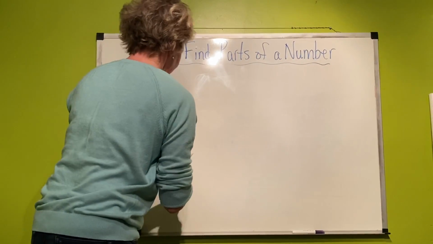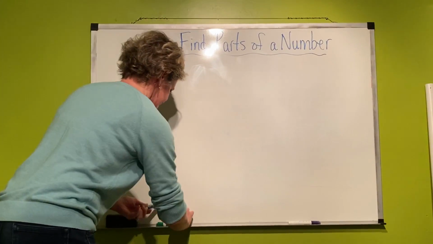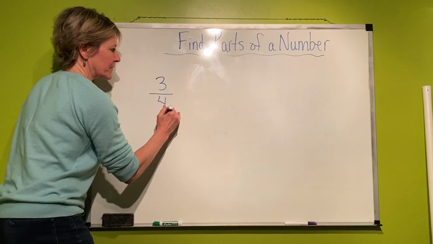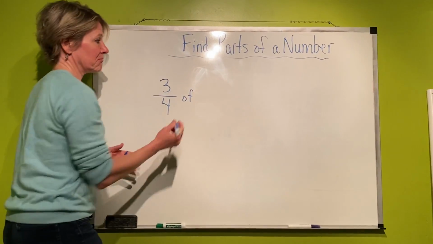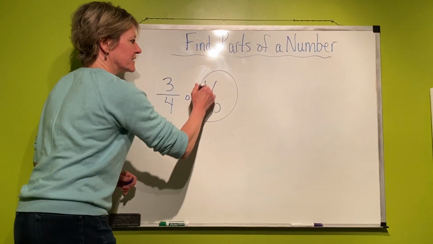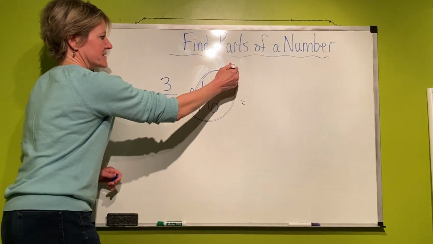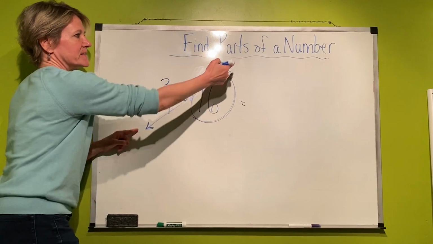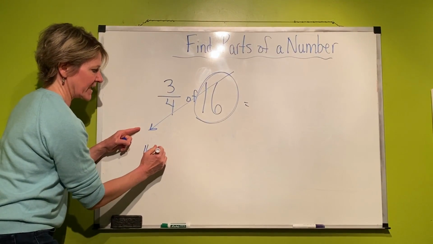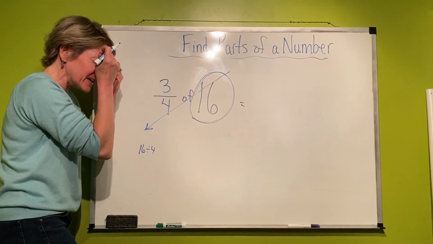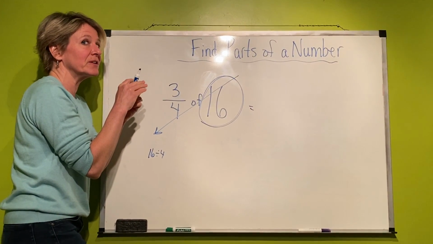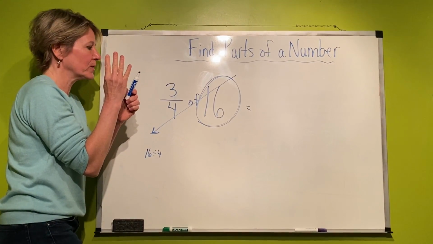All right, what if I asked you, let's do 3/4 of, say, 16. Start with the star, zig, diagonal down, divide. 16 divided by 4 is what I'm thinking in my head. 16 divided by 4, do you have your answer? 4.